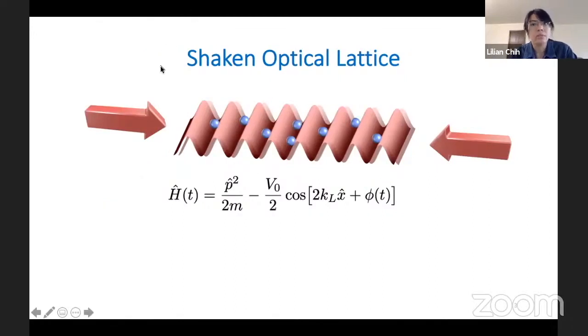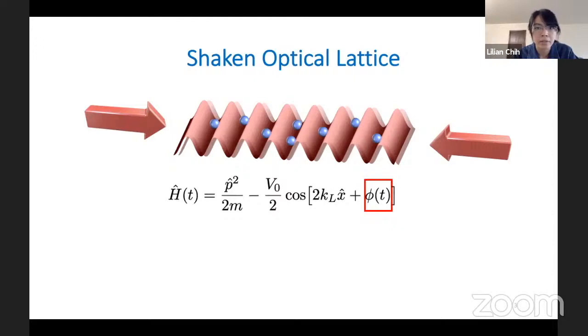So our system is based on atoms trapped in an optical lattice. An optical lattice is a standing wave formed by two counterpropagating lasers. And by tuning the relative phase between the two lasers, phi of t, we can essentially shake this lattice.